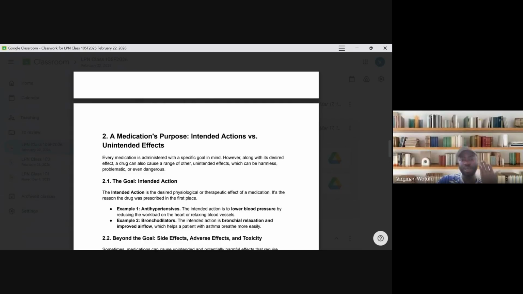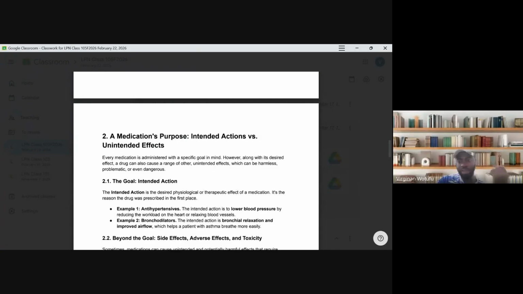But at some point, you have some unintended effects, which can be harmless, some can be harmful, and very dangerous when the dose of the medication accumulates in the body. Okay, like the side effects. You have side effects, you have adverse effects, and you have toxic effects of medications.